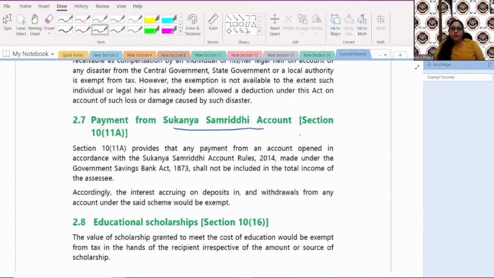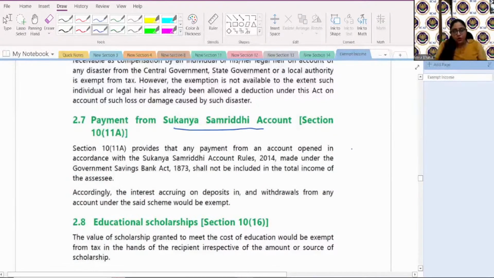And at the age of 21, the girl child receives the amount which is there in this account along with interest. So what happens? The parent or the guardian makes the contribution into this account up to the 15 years of age of the girl child, and once the girl child attains 21 years of age, she get all the money which is there in this account. You can withdraw it earlier also, provided you're meeting certain conditions of those account. But yeah, generally it is up to the 21 years of age when you can withdraw the amount.